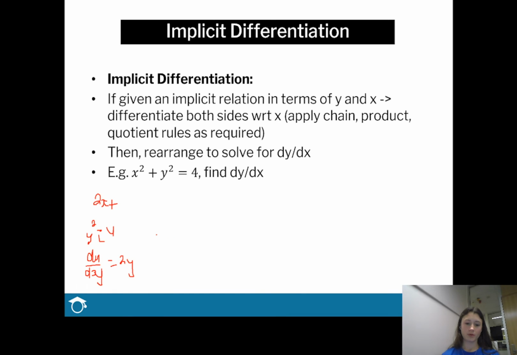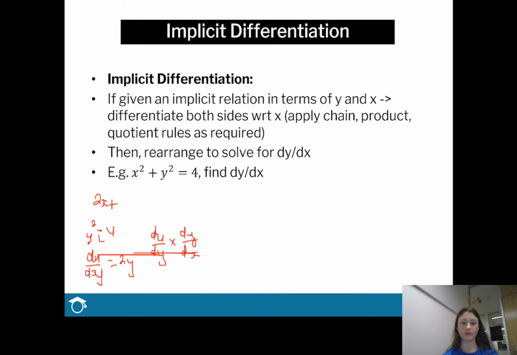So we need to go du dy multiplied by dy dx is going to give us du dx, right?